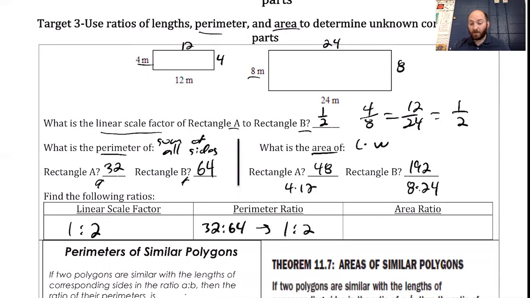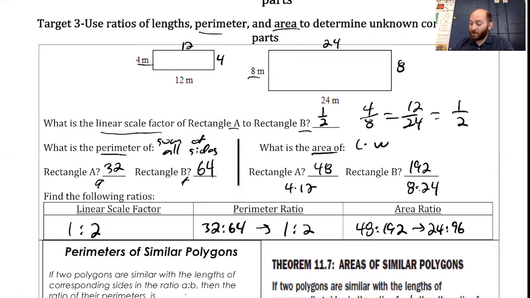So area is going to be, let's see, 48 to 192. That one can also be reduced. If you're having trouble reducing your fractions, it's okay to take them a step at a time. If I take 48 and 192, divide them both by 2, that's 24 to 96.